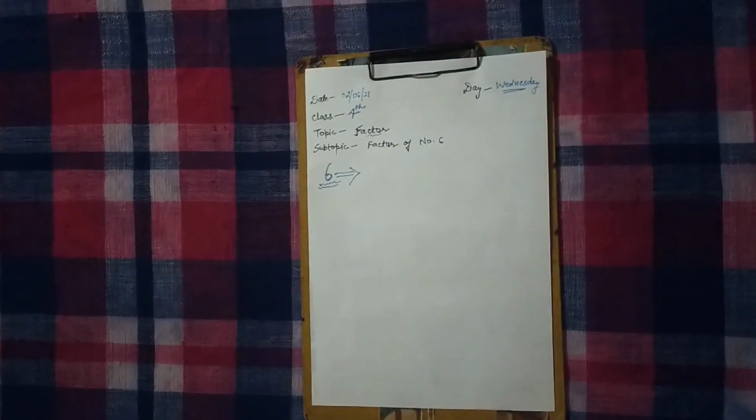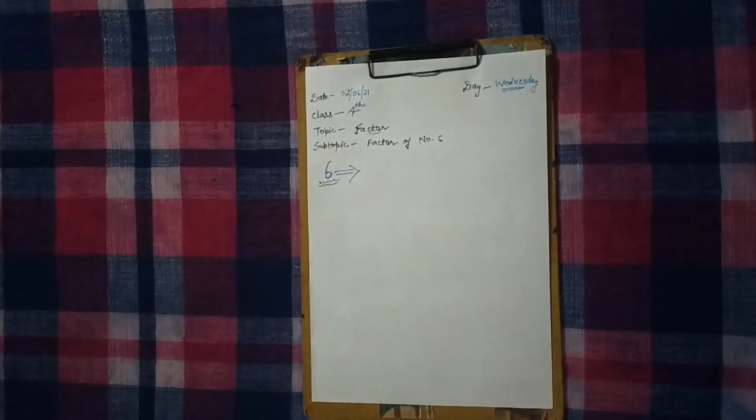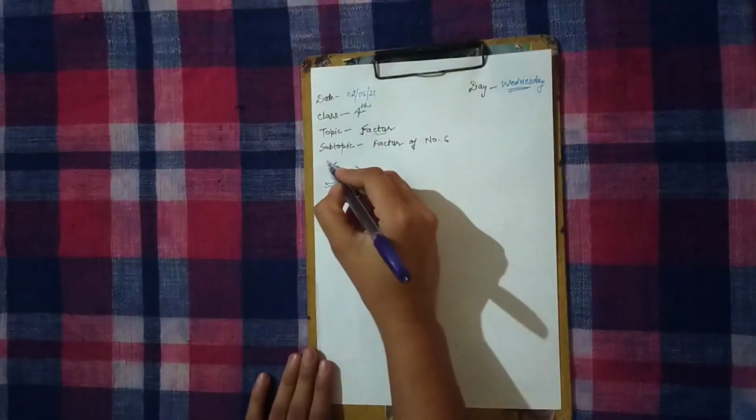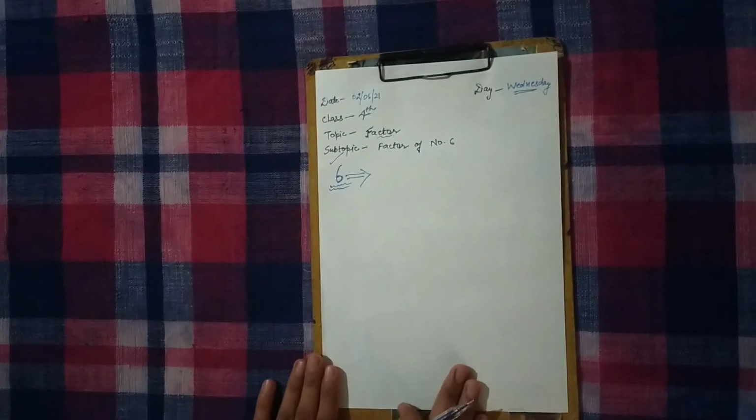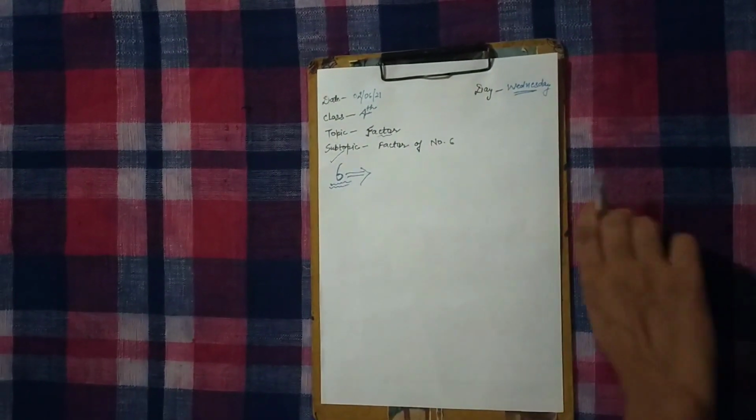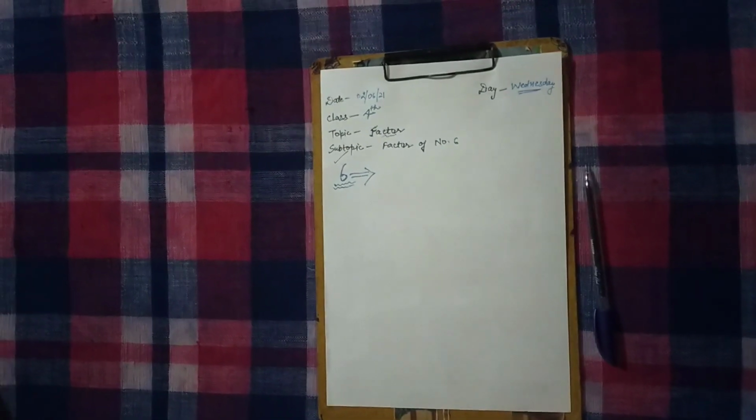First, we are taking an example. Example of 6, which means we will find out the factors of 6. Let's start. I have 6 pens.